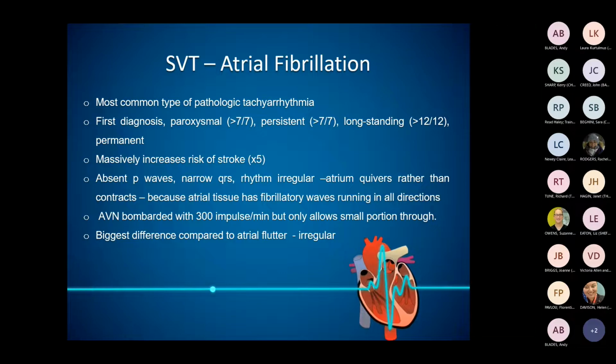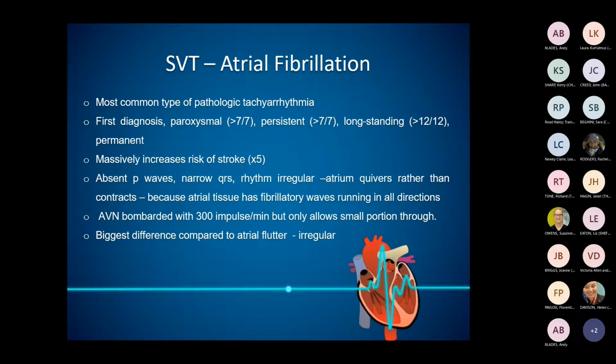Go away and have a look at some echo images of left atrial appendage occlusions and stasis, and any thrombus formation there, and it looks quite daunting to be honest.